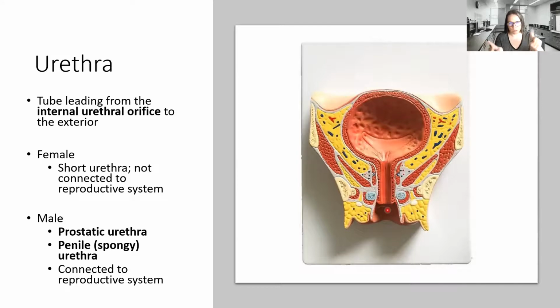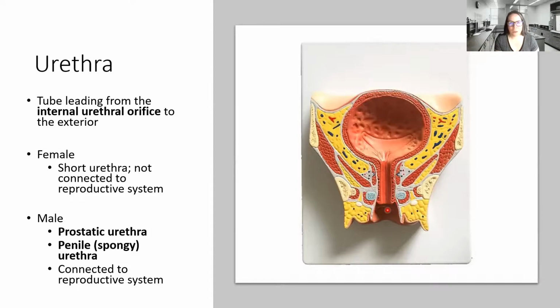So our reproductive and urinary systems are separated. In men, they have a penis, and the urethra is going to run all the way through from the bladder to the tip of the penis. So they have a longer urethra, and it is also shared by the reproductive system, which we're going to talk more about next week.